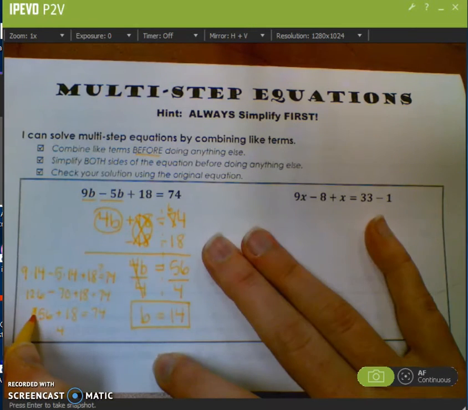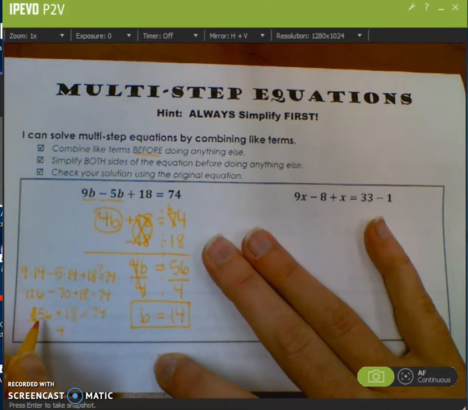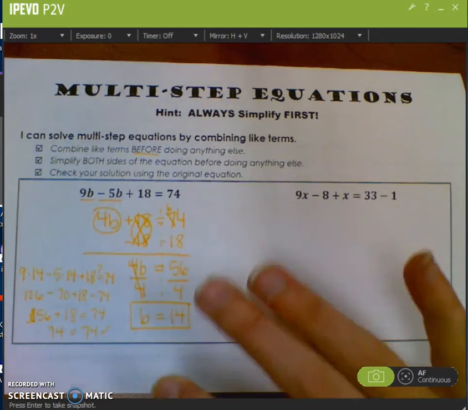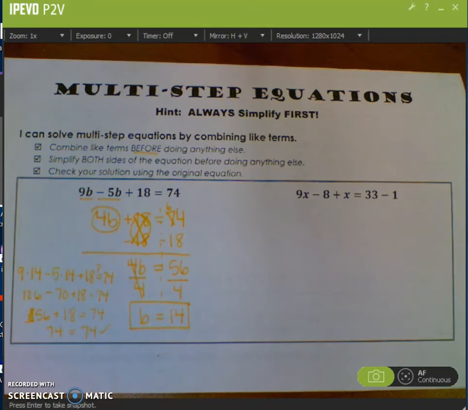Or I'm sorry, not 156, just 56. And then 56 plus 18 is 74 equals 74. So yes, my answer checks and makes sense. B equals 14 is my answer.